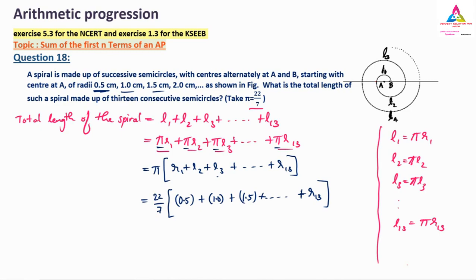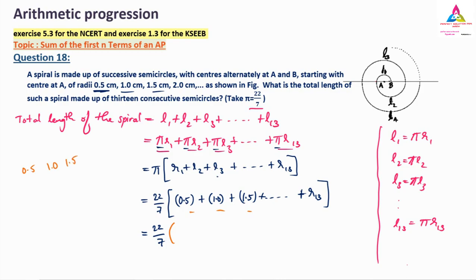Now if you glance clearly at this question, 22/7 we can't do anything about, let it be as it is. But go inside the bracket and see: 0.5, 1.0, 1.5. If you check these three terms clearly, they are in AP. Remember 0.5 and 1.0 and 1.5.